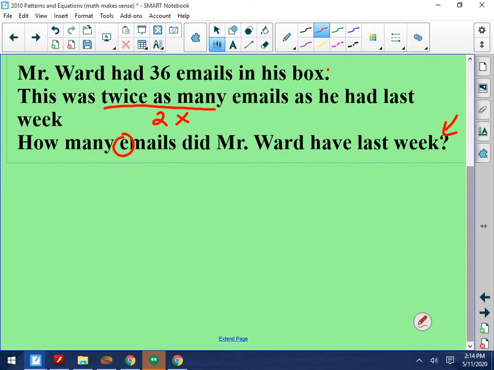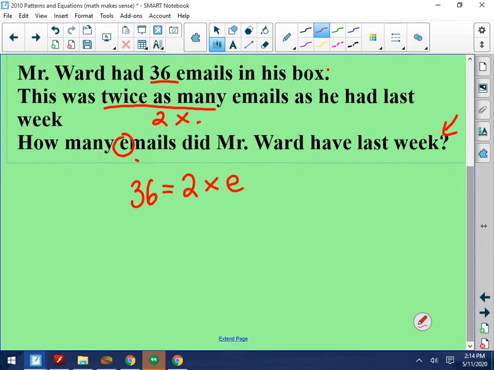So I have 36 emails this week, all right? 36 emails, and that's twice as many as last week. So 36 equals 2 times my emails from last week.